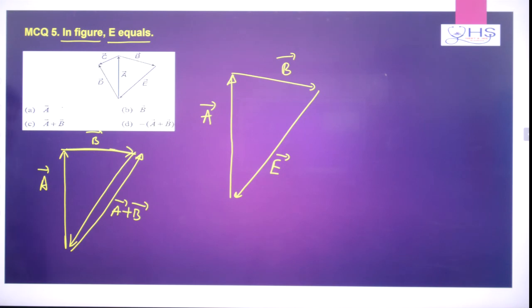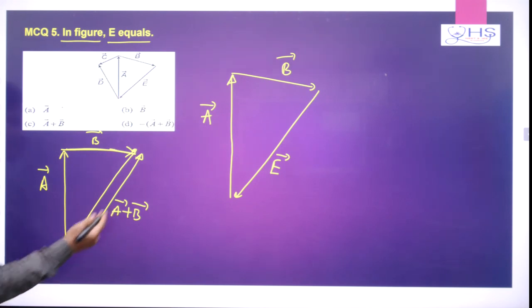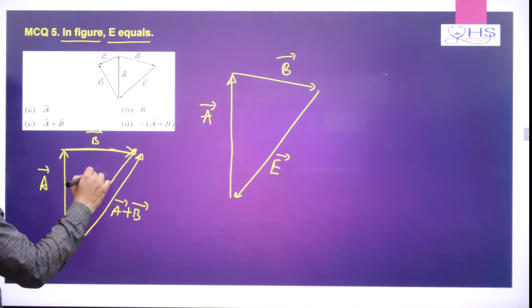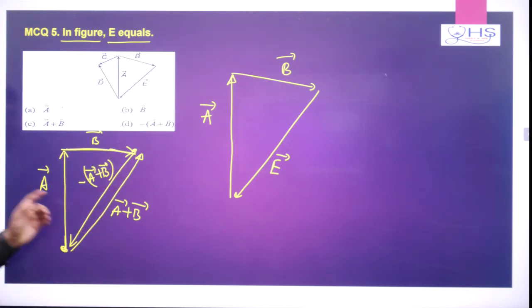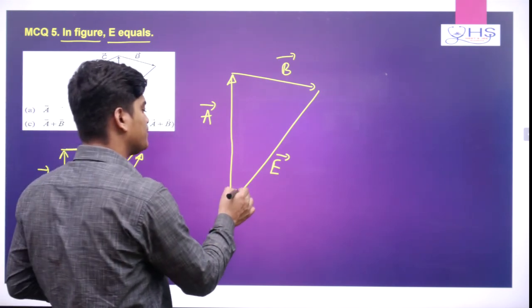How to get this? Tail of one vector to head of another vector. If A vector plus B vector is this way, then keeping the magnitude the same and the direction opposite, we get the negative vector. So this will be minus A vector plus B vector, which is exactly equal to your E vector. That is the symbol they have given for E vector.